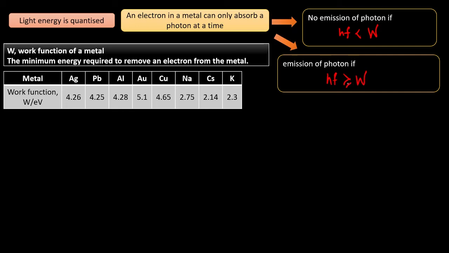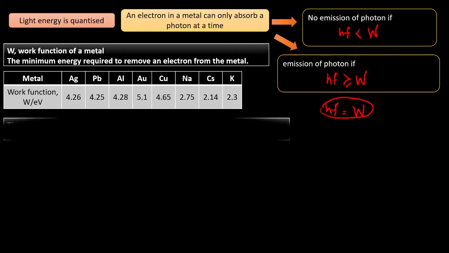So let's say the photon energy hf is equal to the work function. It means the energy of the photon is just enough for the electron to be emitted from the matter, but it cannot move.